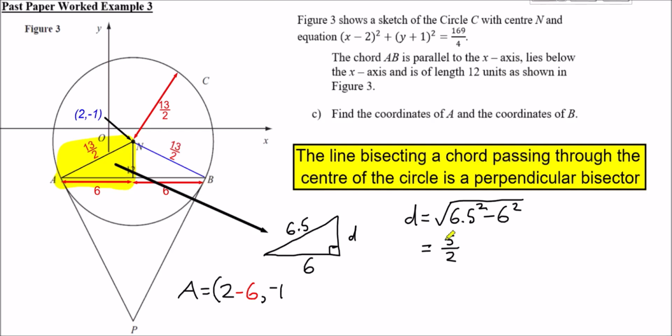So it's going to be minus 1 minus another, I'm going to leave this as a decimal, in fact, minus 2.5. And 2.5 comes from this result here, but it was 5 over 2. And so A is going to be 2 minus 6. So the x-coordinate there is minus 4. And the y-coordinate of A is minus 1 minus a further 2.5, which is minus 3.5.